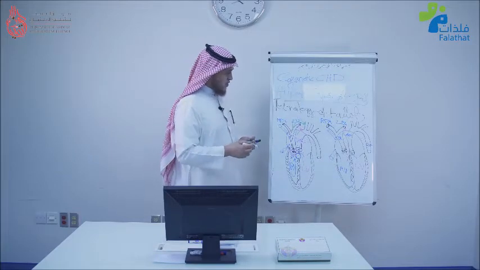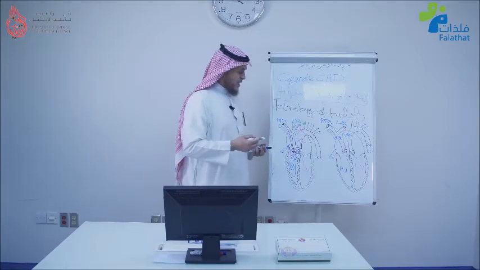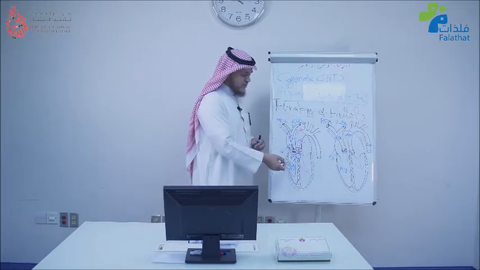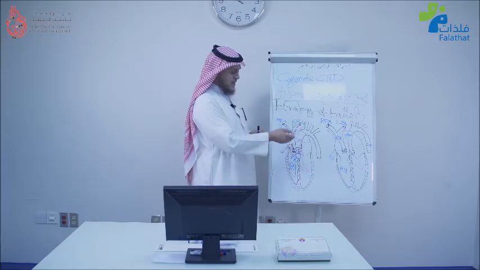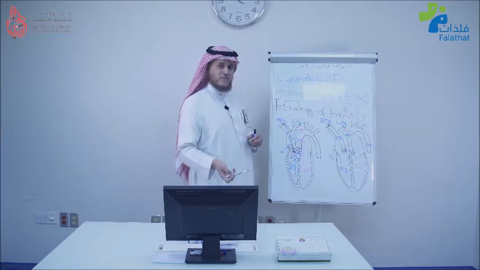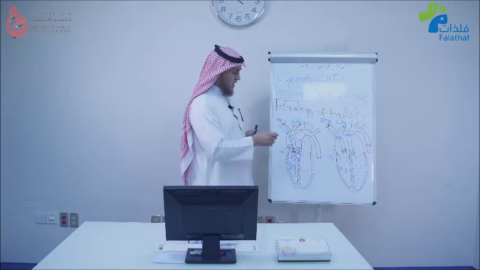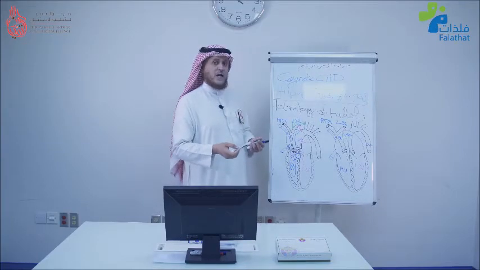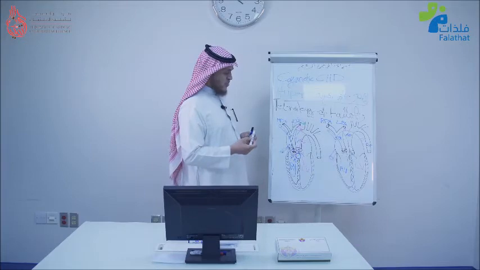So tetralogy of Fallot, to recap, is an obligatory right to left shunt. And mixing happens in the VSD and in the aorta. There is decreased pulmonary blood flow, so the cyanosis is quite apparent and it's quite significant, unlike the ones with increased pulmonary blood flow.